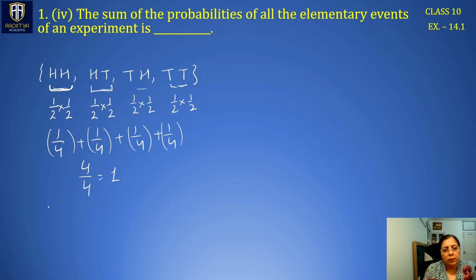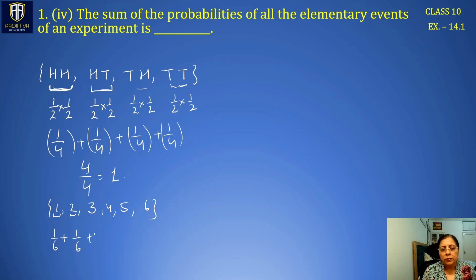We can also consider one more example. If we have the sample space of throwing 1 dice, this is 1 to 6. The probability of occurrence of 1 on throwing a dice is 1 by 6, added to the probability of 2, which is also 1 by 6. We have an unbiased dice, and the probabilities of all the elementary events are equally likely.